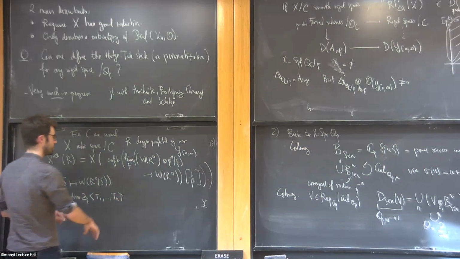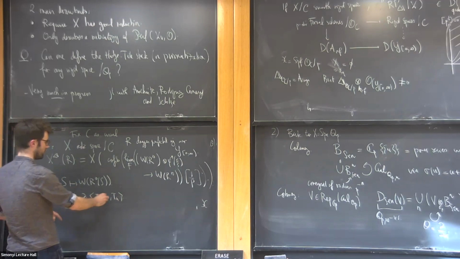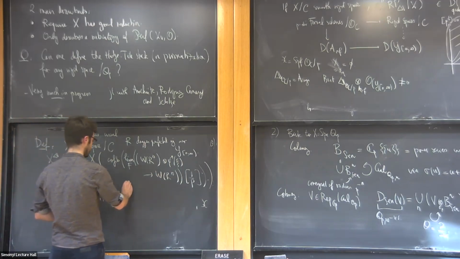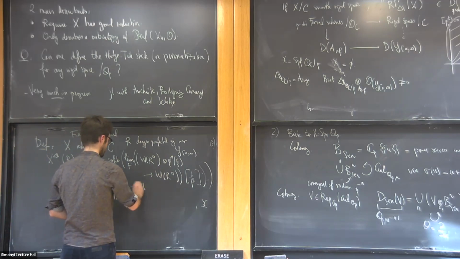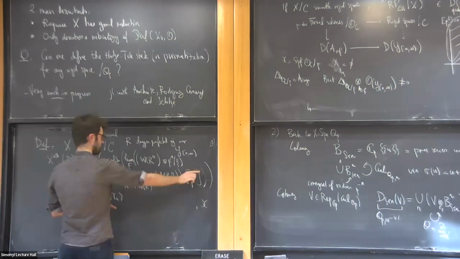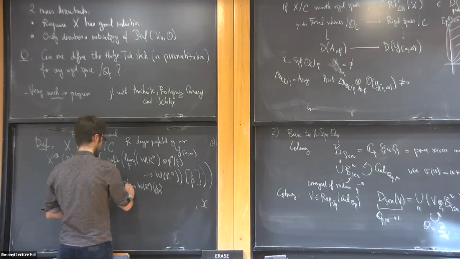And then the analytic structure that you take is: you have the Teichmüller lift, which goes from R, and at the end I invert the Teichmüller lift.